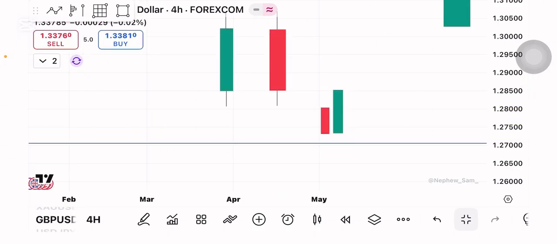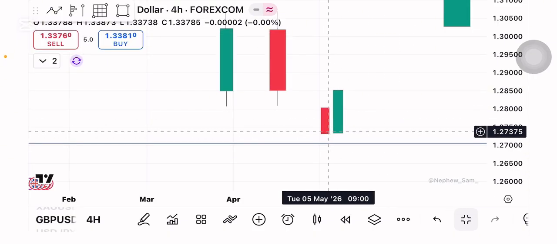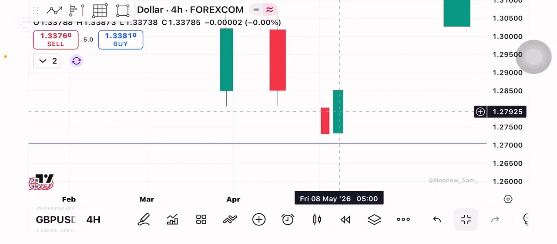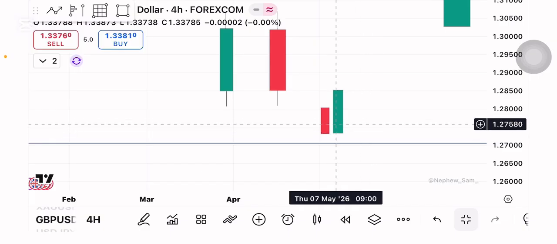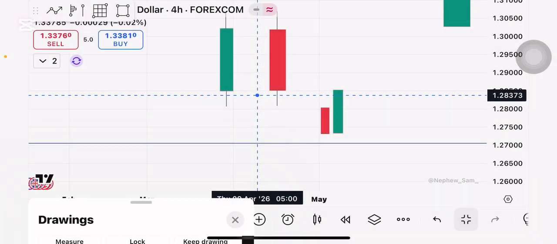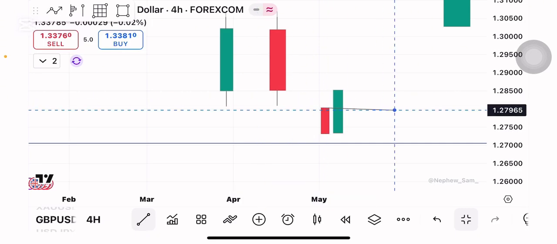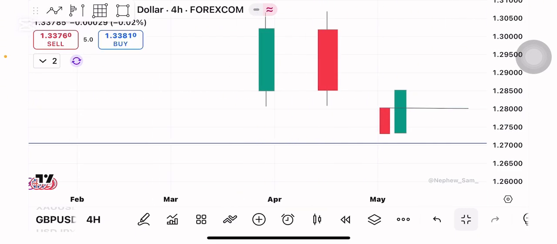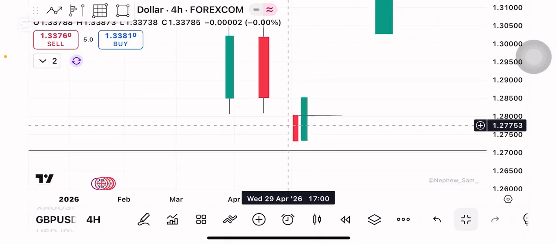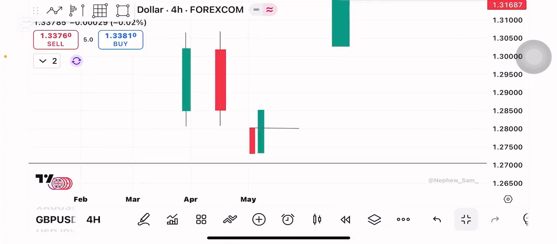Why is it called a bullish engulfing? Because this particular bullish candle engulfed the previous bearish candle. These are our typical order blocks that we know, and you mark it like this. So that's why it's called a bullish engulfing candle. It engulfed the previous candle. Then we have the bearish engulfing candle.